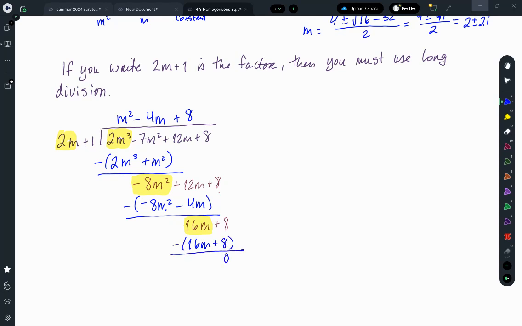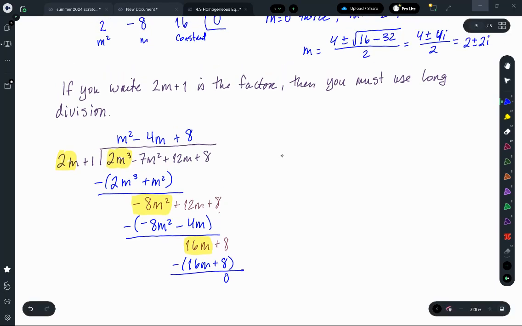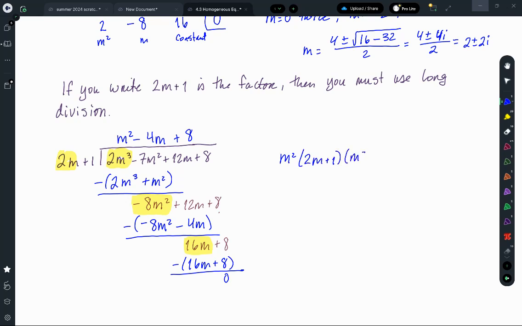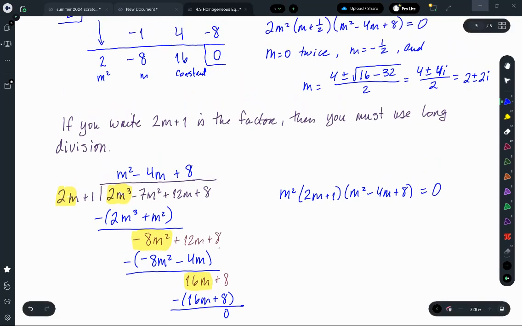Okay? So then our original polynomial, we had m squared. We factored out just now 2m plus 1, and then the result, what's left behind, is m squared minus 4m plus 8. So we would be fully factored, just needing to use the quadratic formula again.